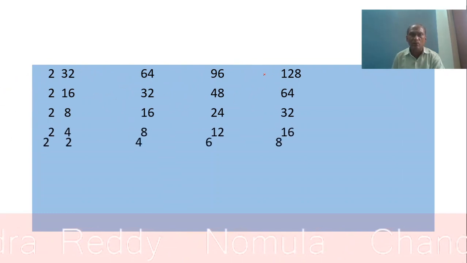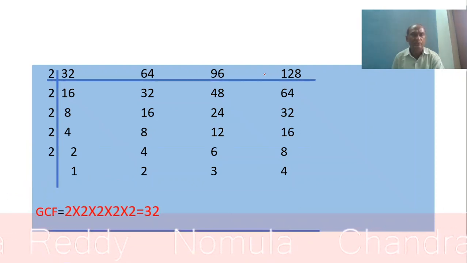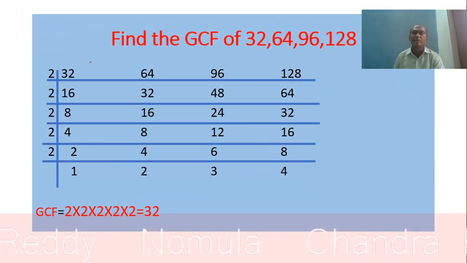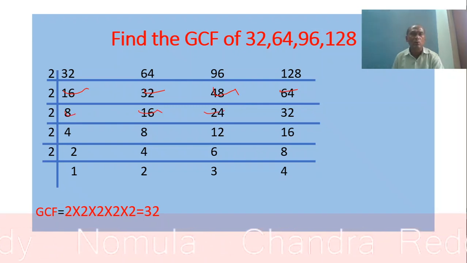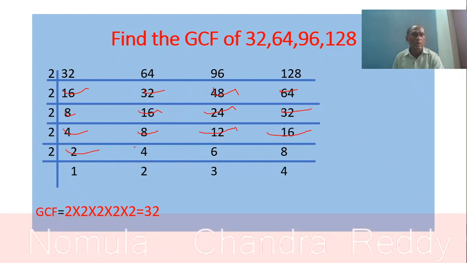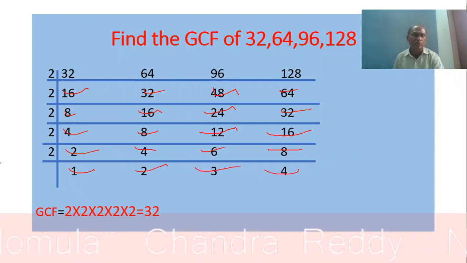32, 64, 96, 128. So GCF. Okay. Right. GCF. 32. 2 16 ja, 2 32 ja, 2 48 ja, 2 64 ja. 2 8 ja, 2 16 ja, 2 24 ja, 2 32 ja. 2 4 ja, 2 8 ja, 2 12 ja, 2 16 ja. 2 2 ja, 2 4 ja, 2 6 ja, 2 8 ja. 2 1 ja, 2 2 ja, 2 3 ja, 2 4 ja. Now GCF only here.